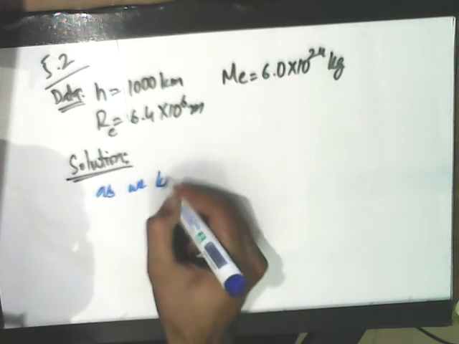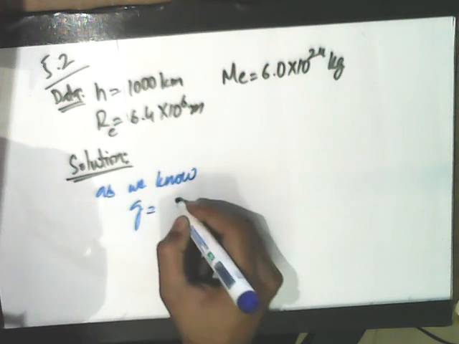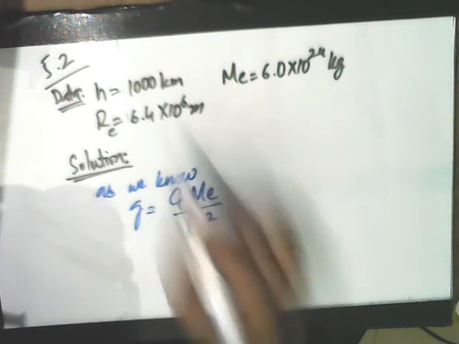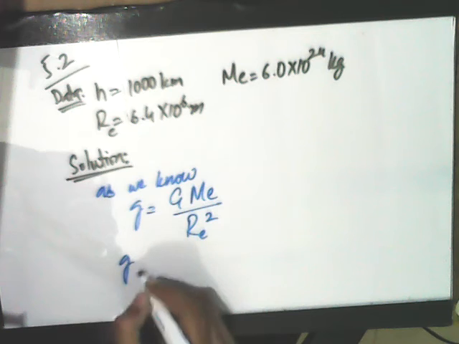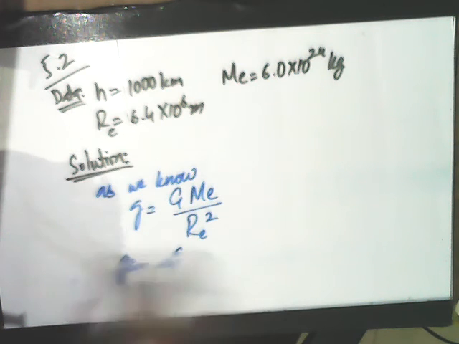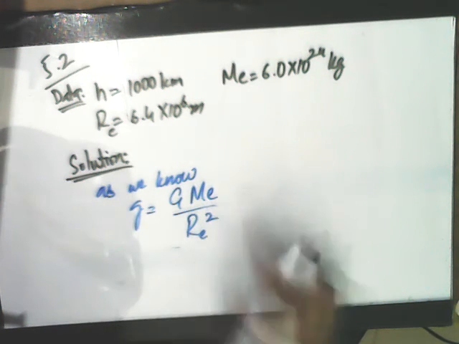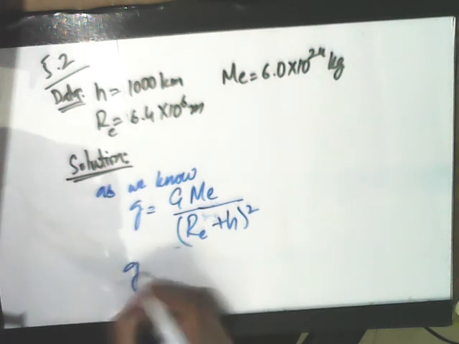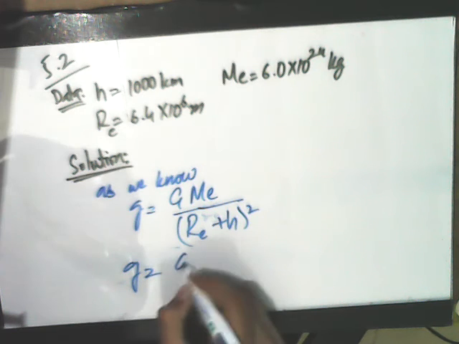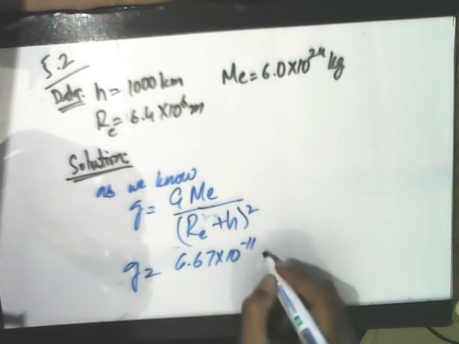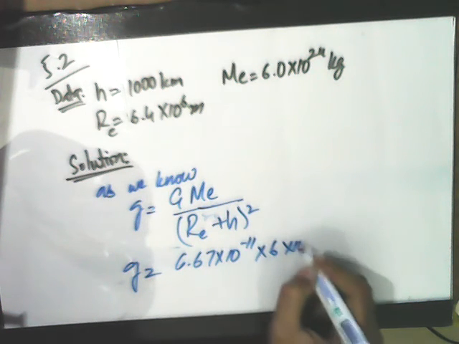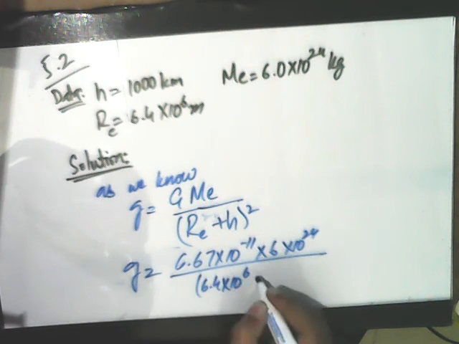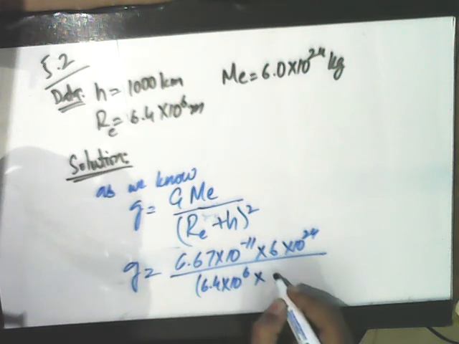As we know, g is equal to capital G ME over RE squared. And we currently have a certain height, so we will change this formula by incorporating the height as well. So g is going to be 6.67 into 10 to the power minus 11, into 6 into 10 to the power 24, divided by 6.4 into 10 to the power 6 plus the height.